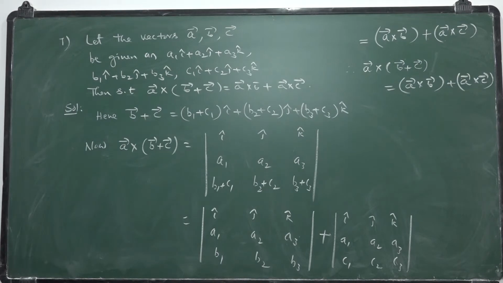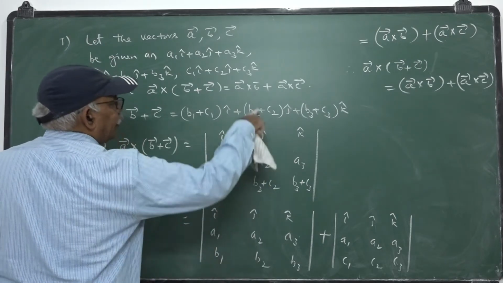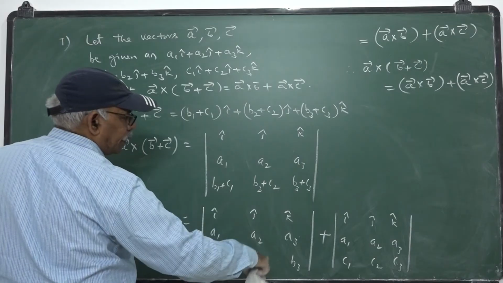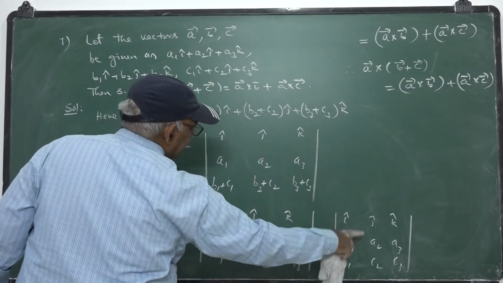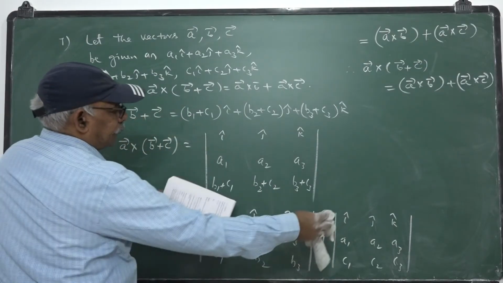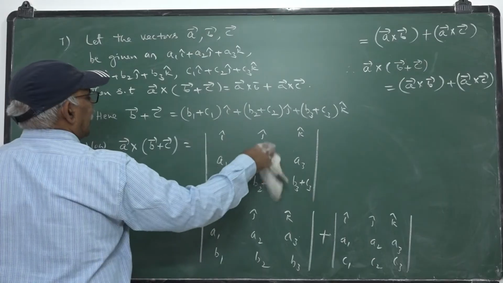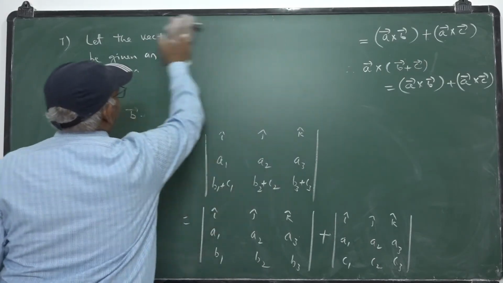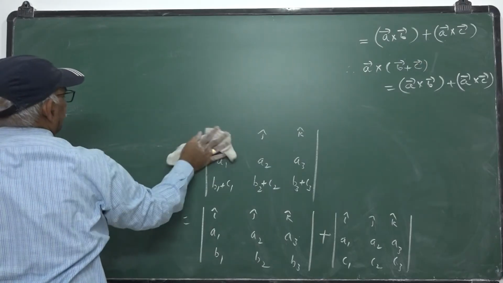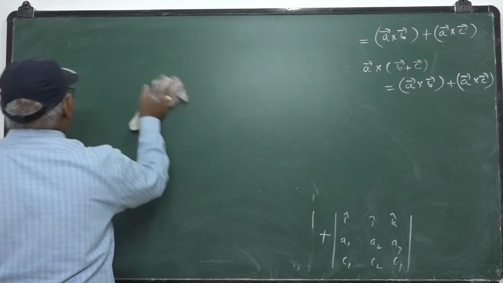Instead of going through the properties of determinant, you can evaluate this determinant individually. You can take A cross C as this, evaluate the determinant. Sum of the two determinants is equal to the value of this determinant. You can show it in such a way also. That is the general way. This is a little bit different procedure.